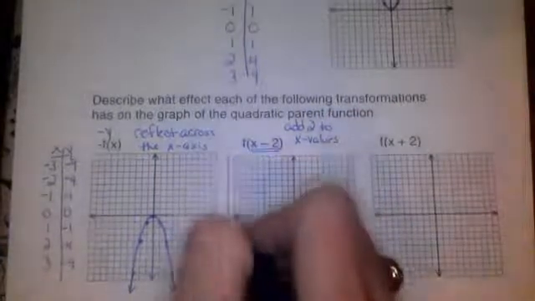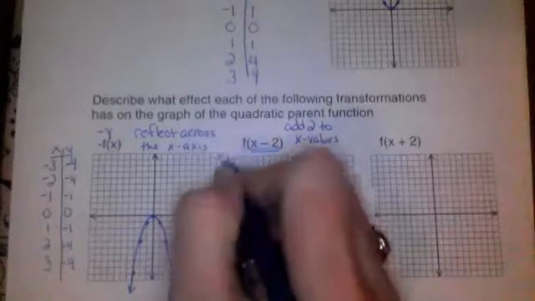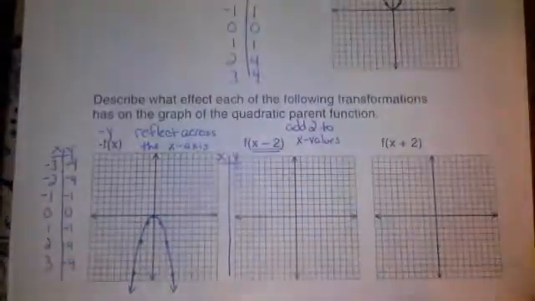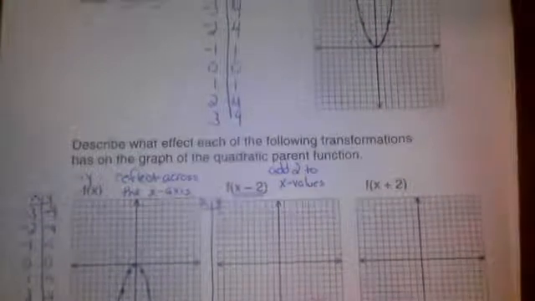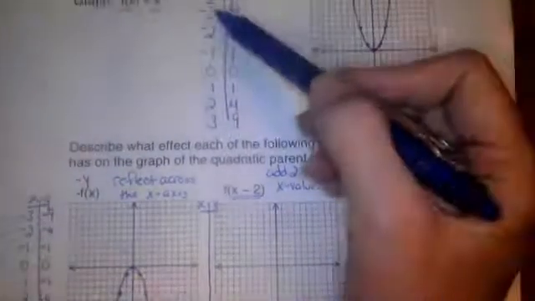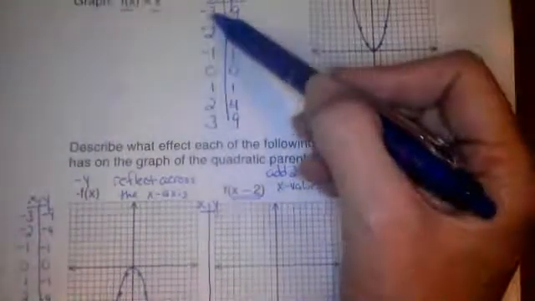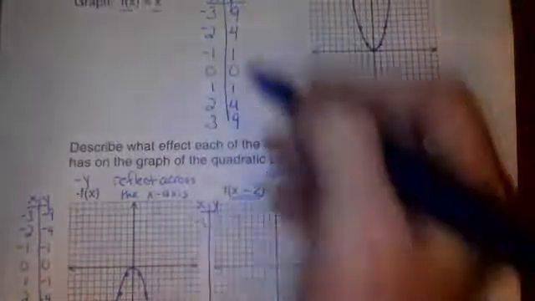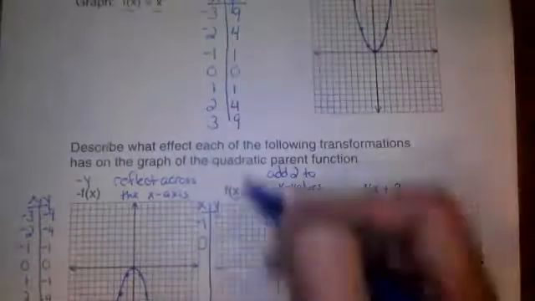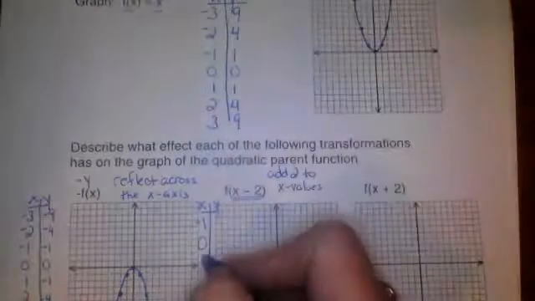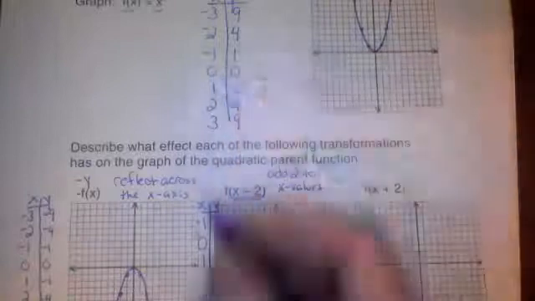So I'll make me a little table right here. So we're going to add 2 to our x values. -3 plus 2 would be -1. -2 plus 2 would be 0. -1 plus 2 would be 1. 0 plus 2 is 2.